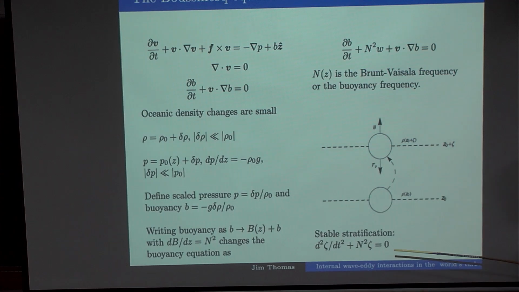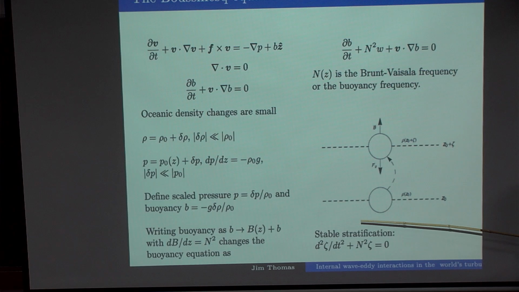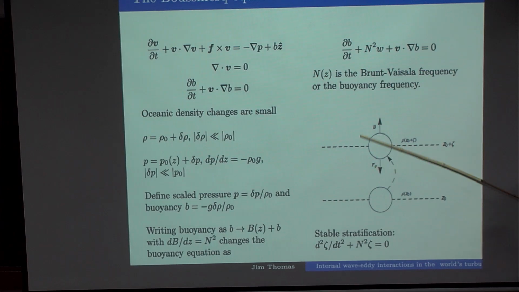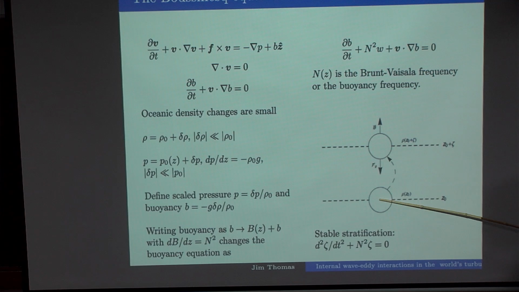And if you have a stably stratified fluid, stable stratification would mean that as you go up vertically, density would decrease. So that would mean if you took a fluid element here, and if you pushed it up, this fluid element now is in an environment where the density around it is lower than itself, because we pushed it from here.